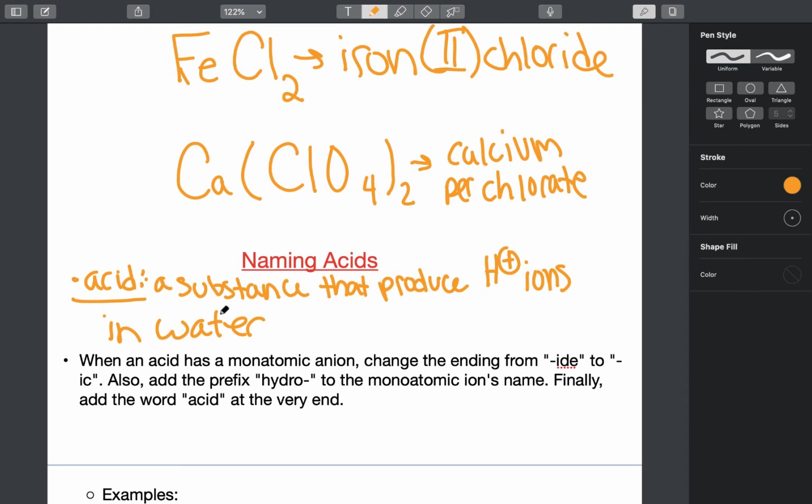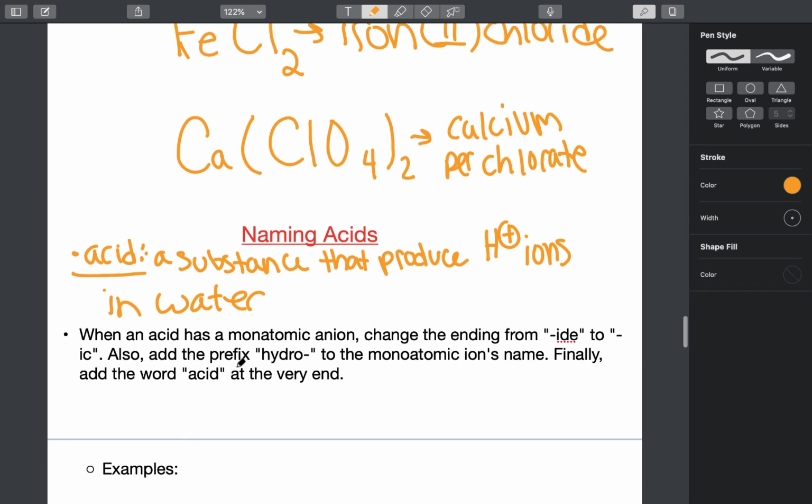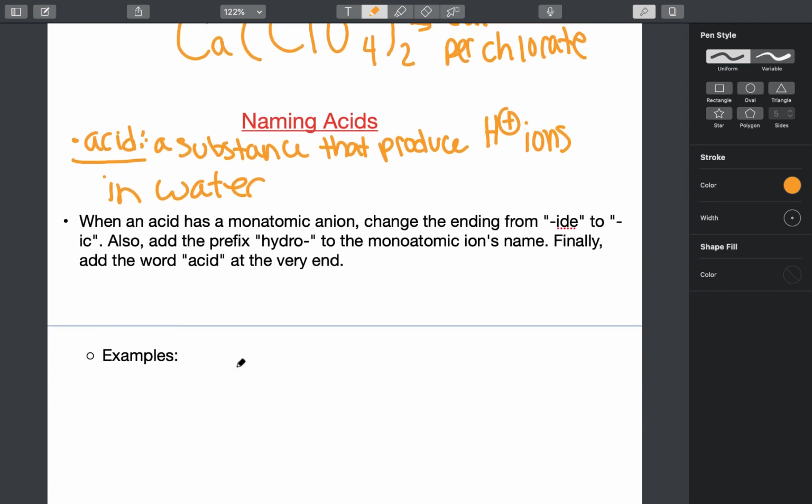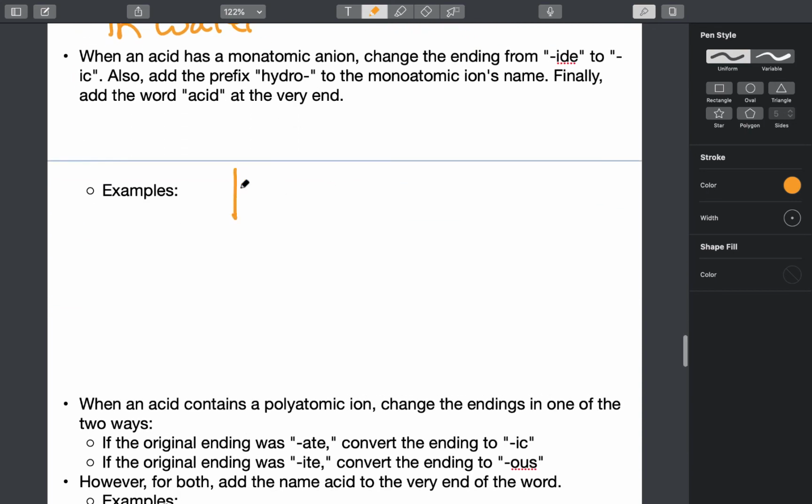So let's talk about how to name an acid. When an acid has a monoatomic anion, change the ending of that monoatomic anion from "ide" to "ic." However, you also add the prefix hydro to the beginning of the name, and then you add the word acid at the very end. So one example would be, of course, HCl.